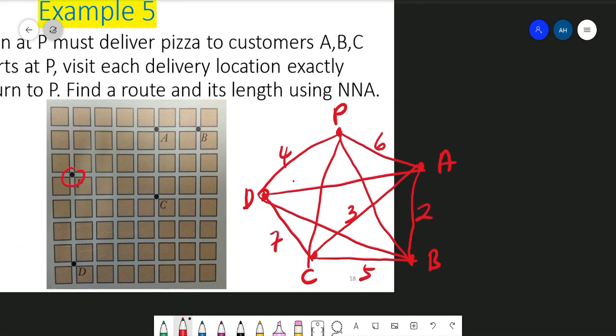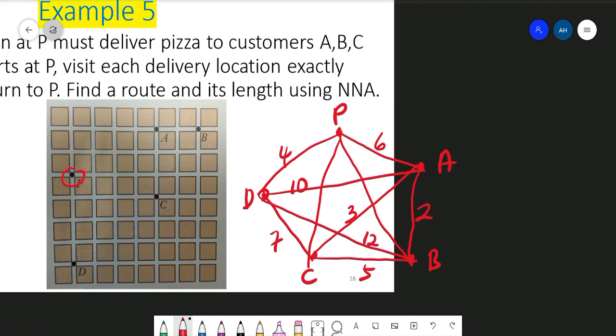A to D, we have 10. What else? From B to D, 1, 2, 3, 4, 5, 6, 7, 8, 9, 10, 11, 12. B to D, here we have 12.